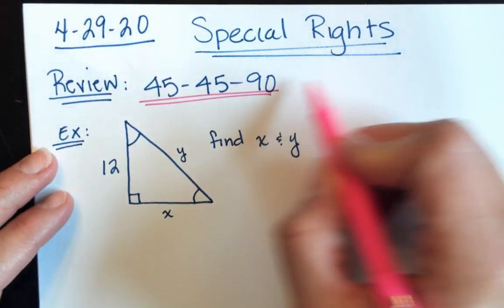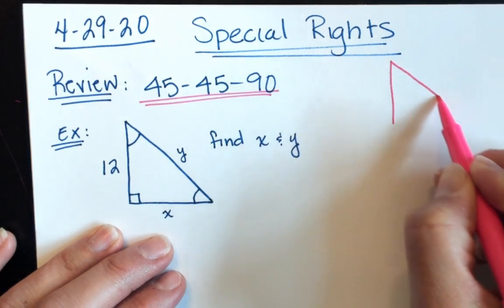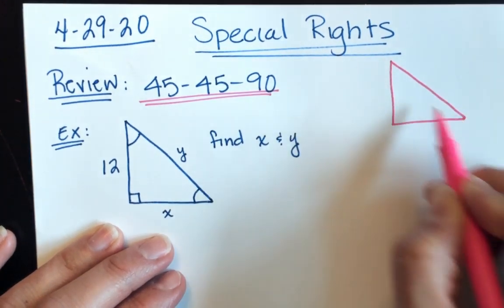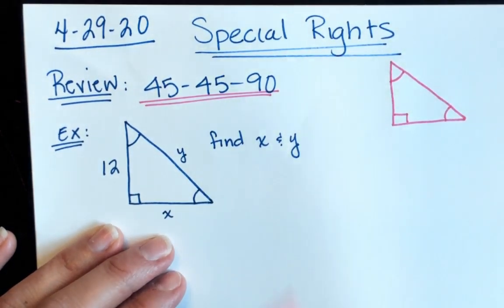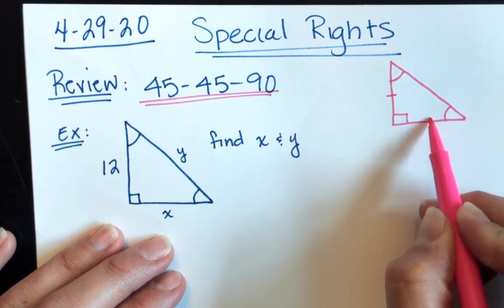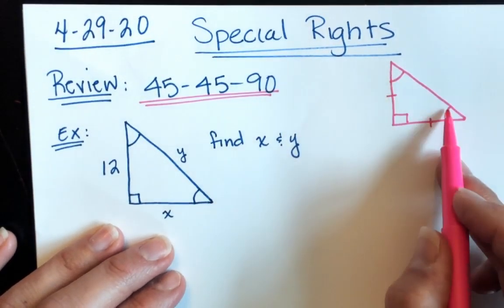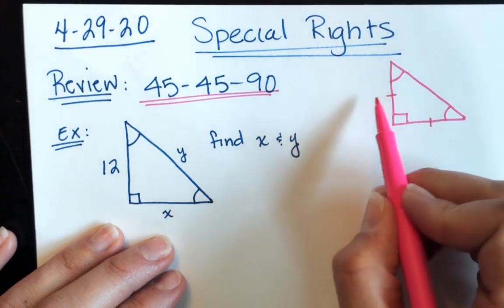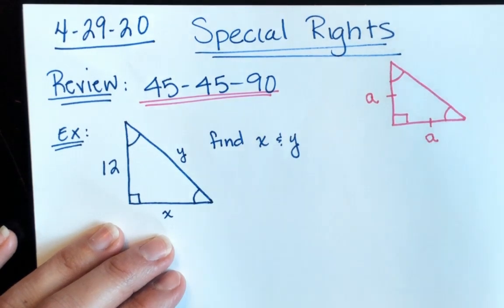So the first thing that I want to do when I think about my formula for our 45, 45, 90 is I want to make sure that I do remember that it's an isosceles triangle because they're only going to show us the angles, so that does mean I'm allowed to put my tick marks on the sides. Opposite these 45-degree angles, we are going to use the same variable, A and A for their example.